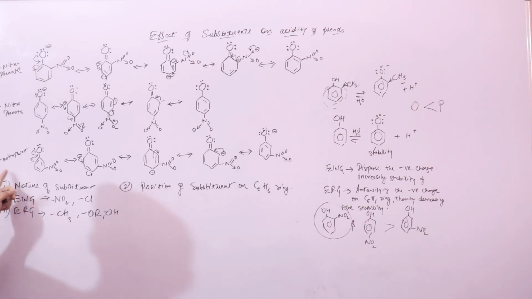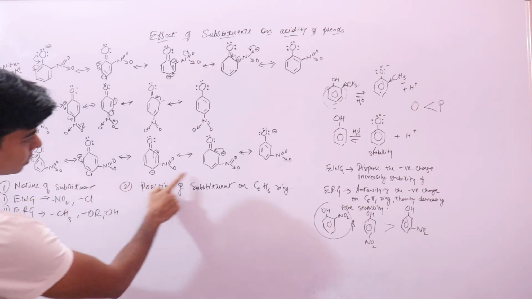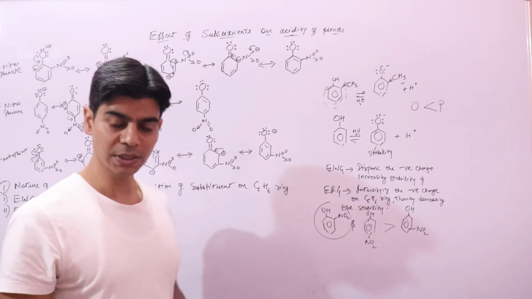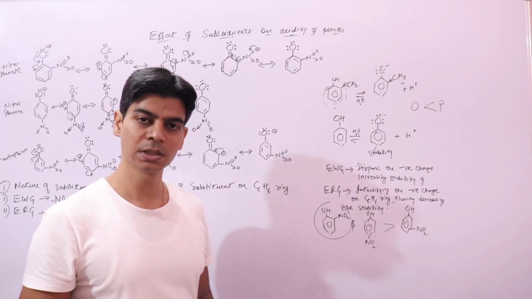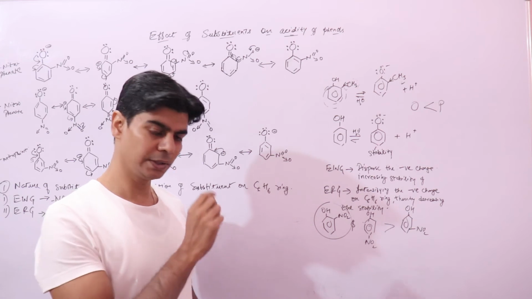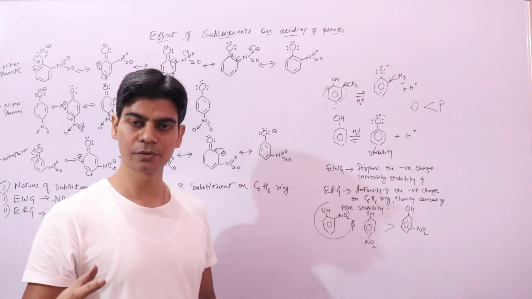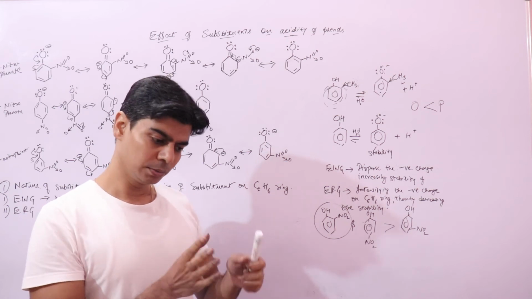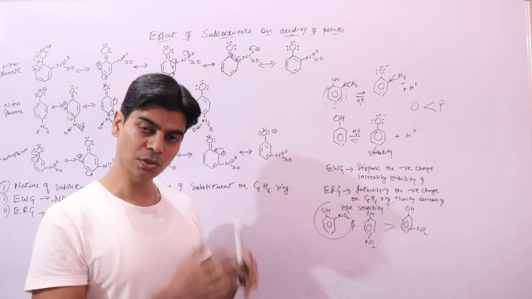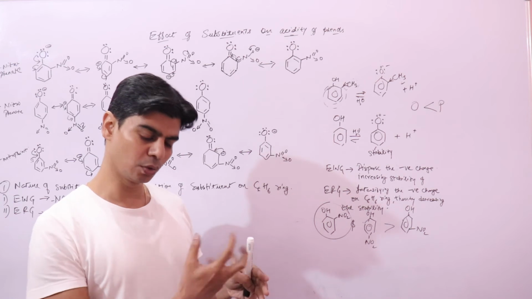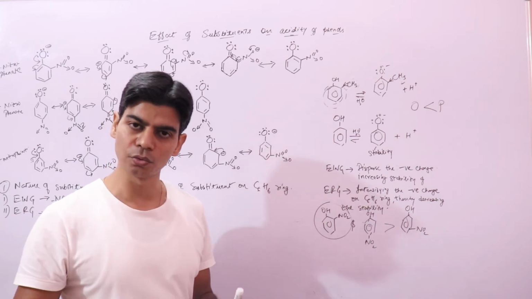But let's look at the meta. In case of meta, none of the nitro groups has a negative charge. That means the lone pair of electrons that is moving is not entering the nitro group. The nitro group is not acquiring any negative charge because the lone pair is not moving into it.